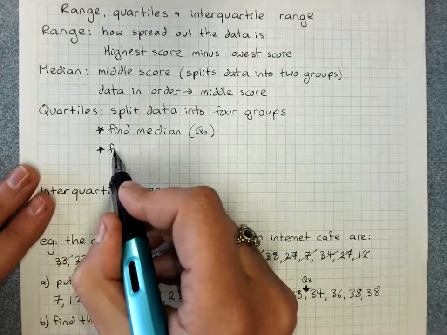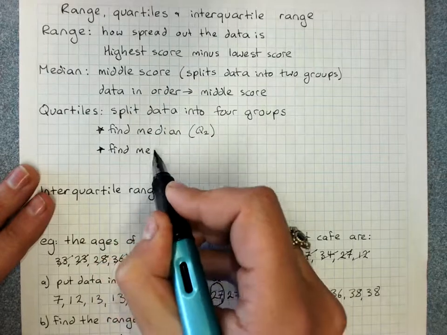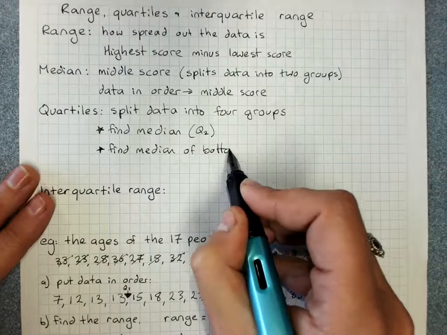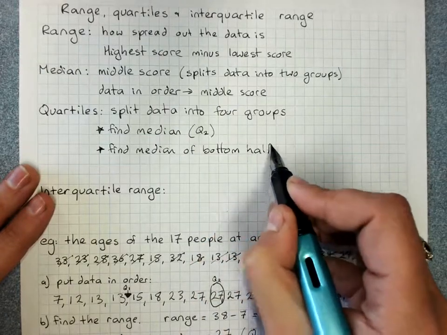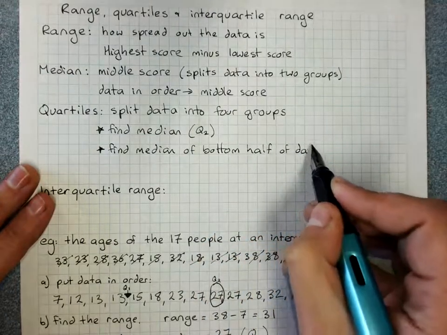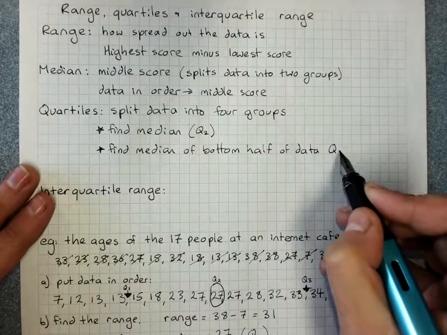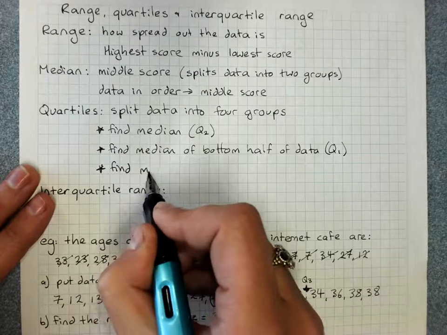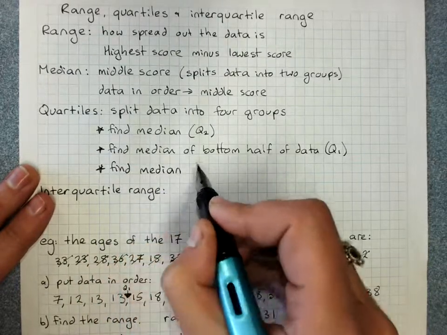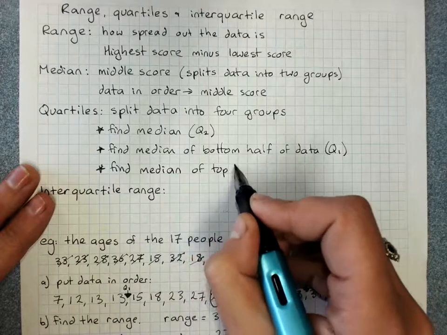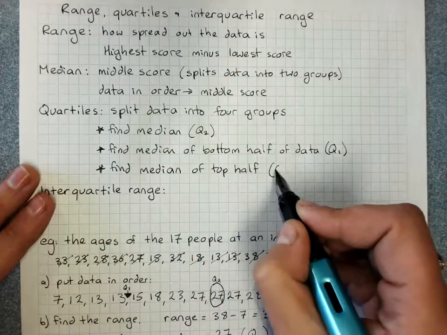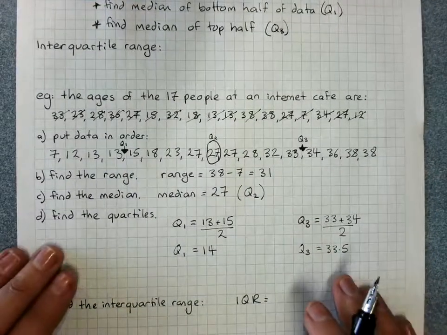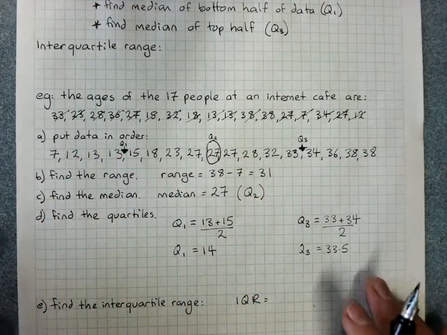Then find the median of the bottom half of the data, that's Q1, and find the median of the top half, and that's Q3. So that's how to find the quartiles, and it's good to mark them on your set of data.